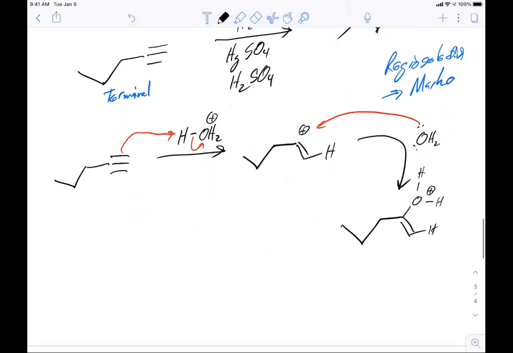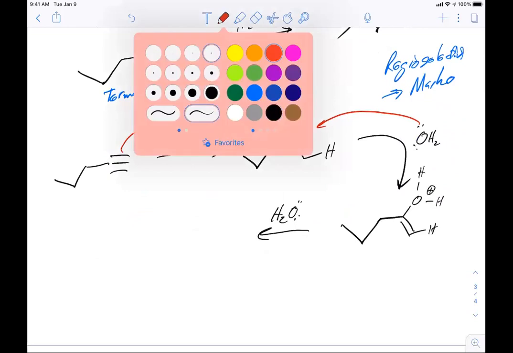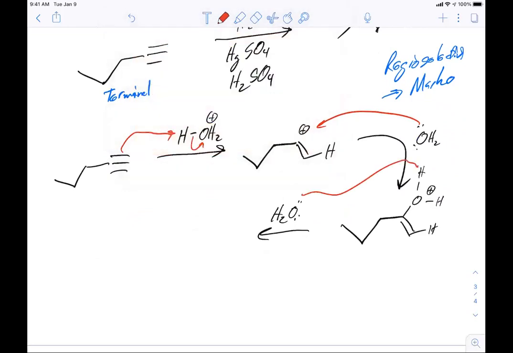We end up with this position, and then with a proton transfer, we end up with this enol form.